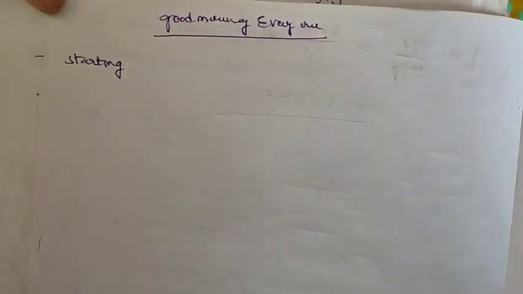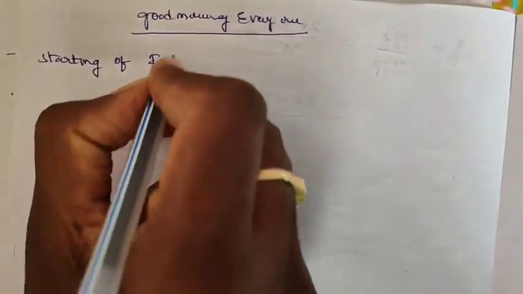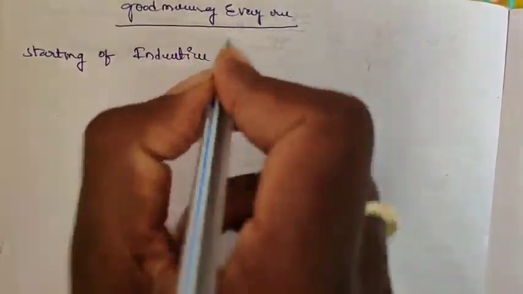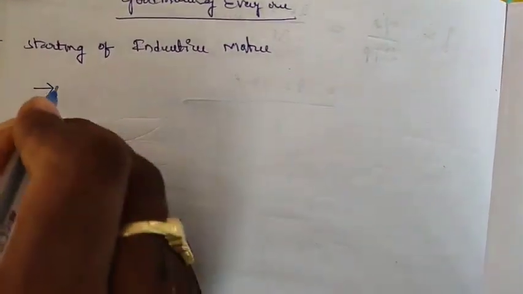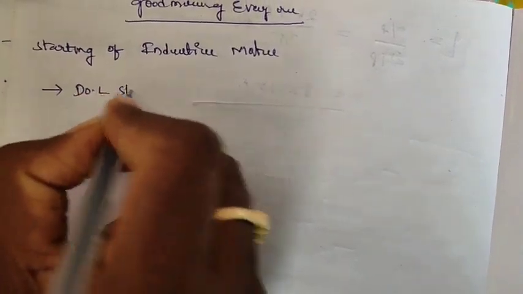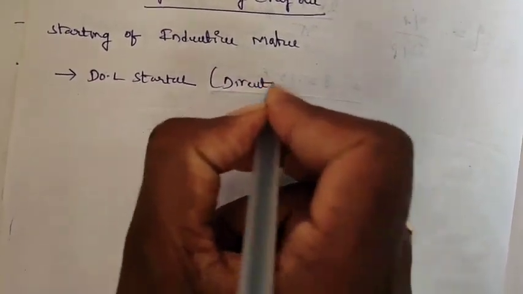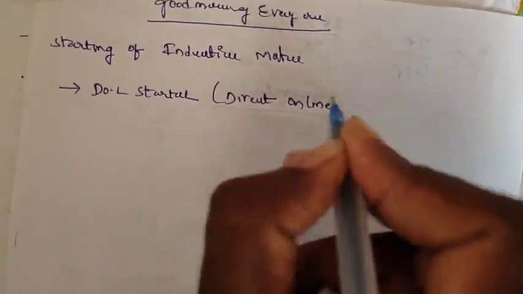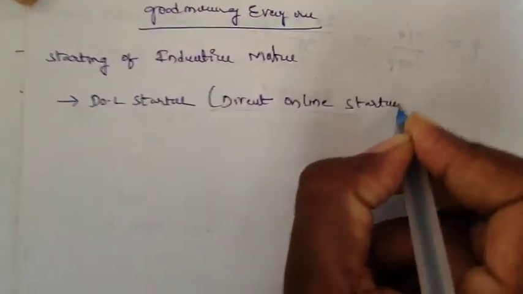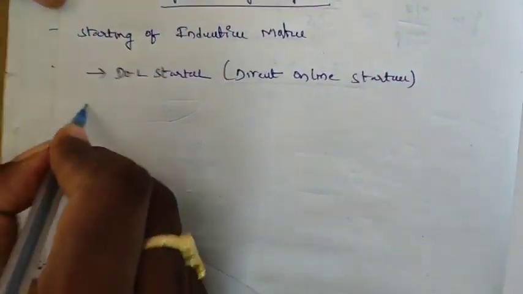Last class we discussed starting of induction motor. We have different types of starters. First, DOL starter. DOL means direct online starter.